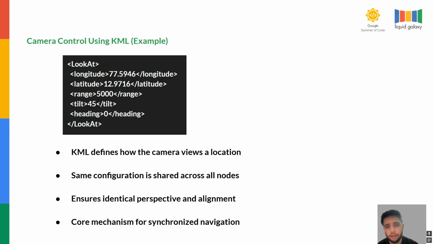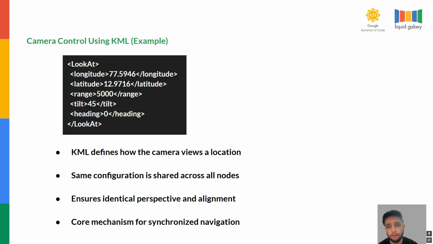So the most important part is that the same KML configuration is shared across all slave nodes. This means every screen receives identical camera parameters. Because all nodes use the KML file, camera alignment remains perfect across all the panoramic displays.